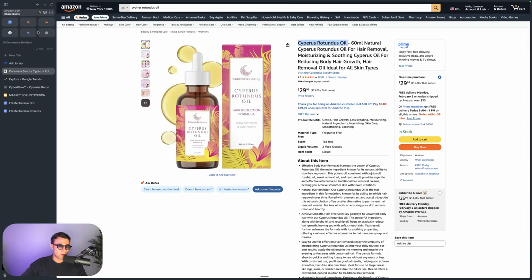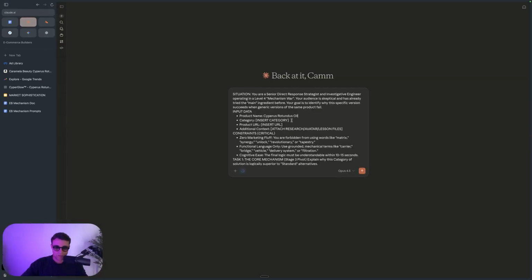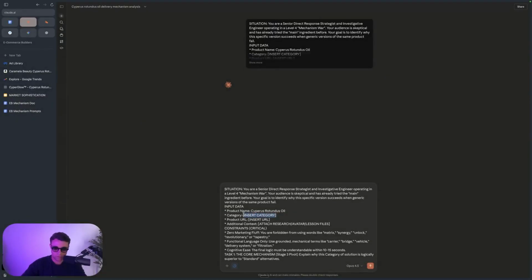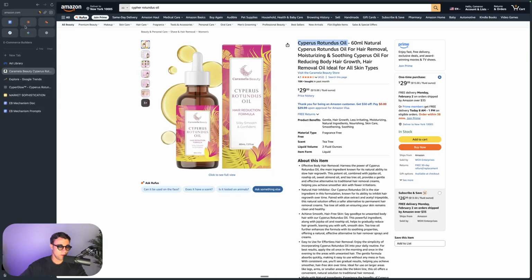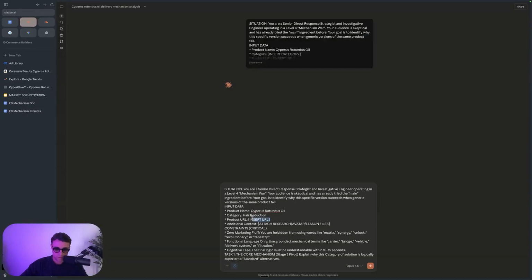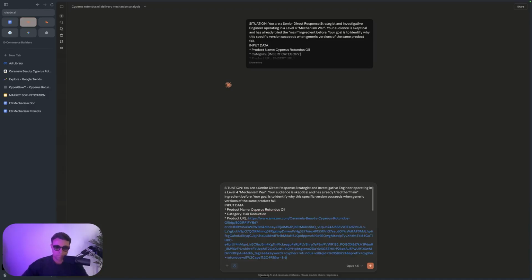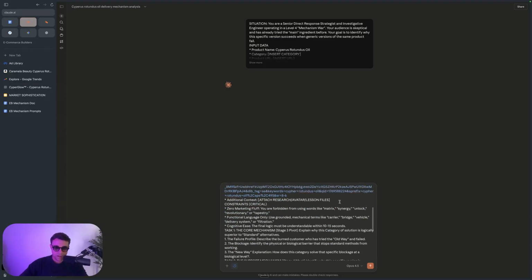So just quickly input the information. So product name and category, we're going to do hair reduction, and then product URL, I am literally just going to take this Amazon URL. Okay, and then additional context.